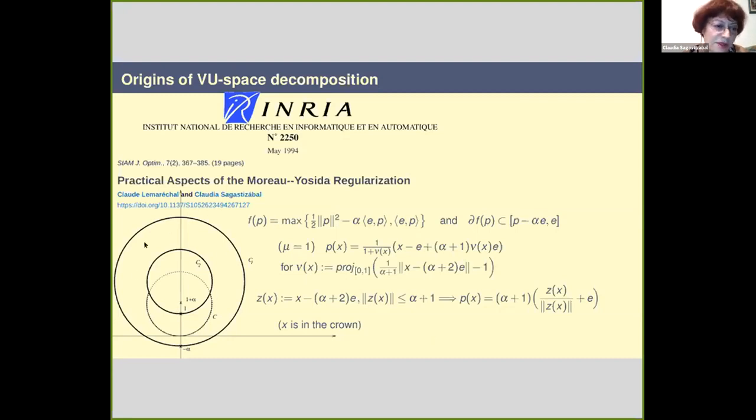For all the points in this crown, the proximal point, this z of x, has this expression, and it is here. The interest of this expression is that we can compute derivatives, we can do things very explicitly that we often cannot do with usual functions.